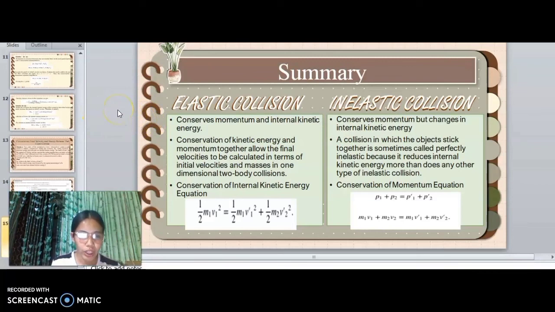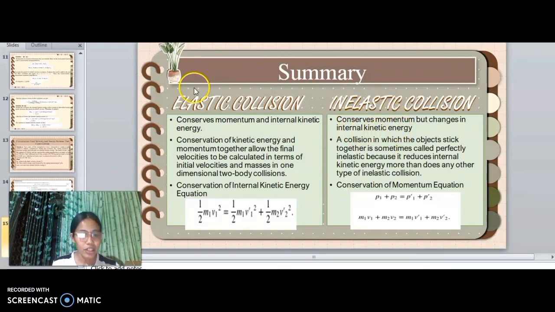Okay, as a recap and summary of my topic, we are going to compare elastic collision to inelastic collision. Elastic collision conserves momentum and internal kinetic energy, while inelastic collision conserves momentum but changes internal kinetic energy.